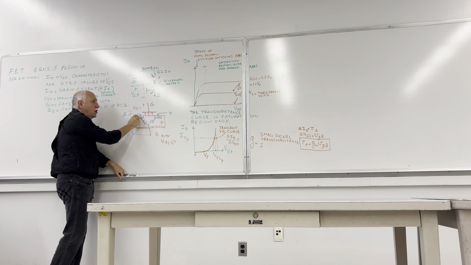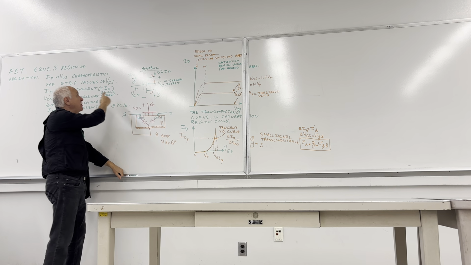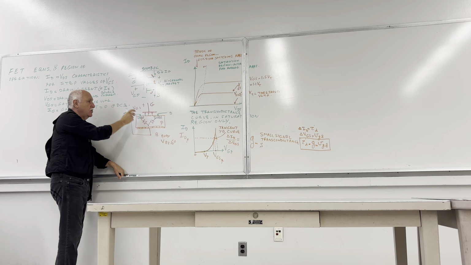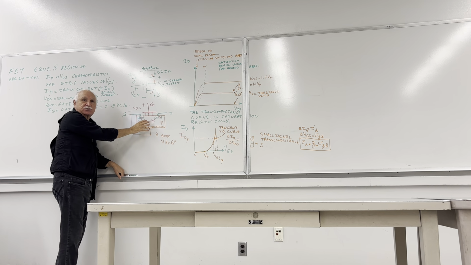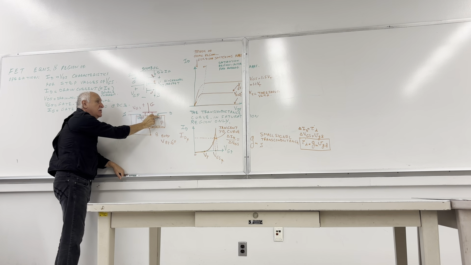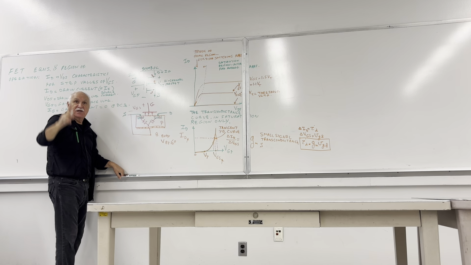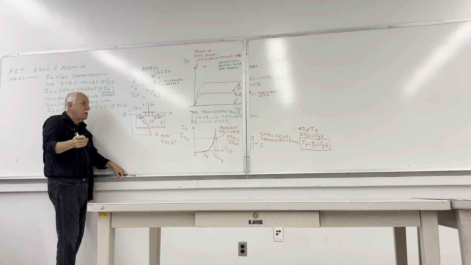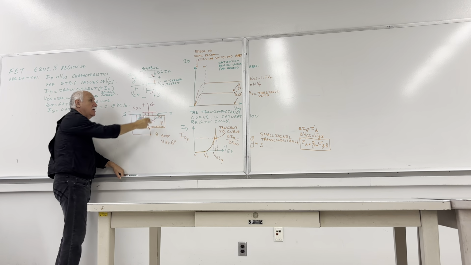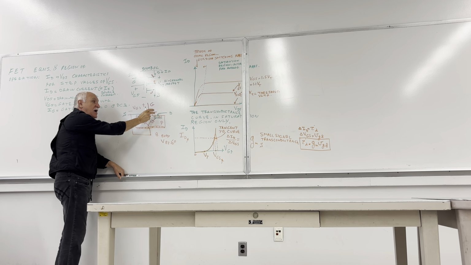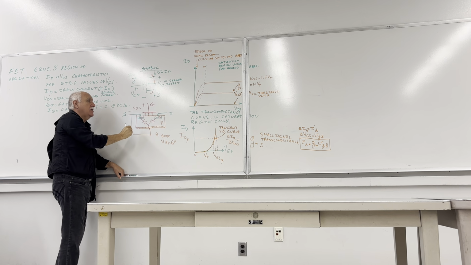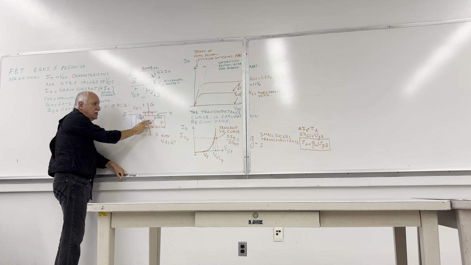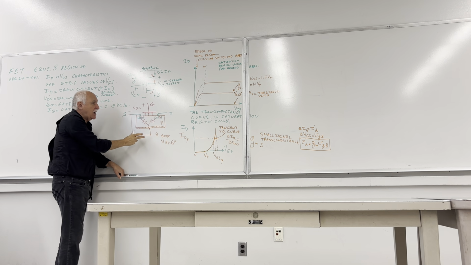Either all holes, which would be the p-channel MOSFET, then p-channel MOSFETs have N-type substrate. N-type substrate and p-type drain and source. That's the p-channel MOSFET. The N-channel is opposite, has N-type drain and source material, but the body is going to be p-type.